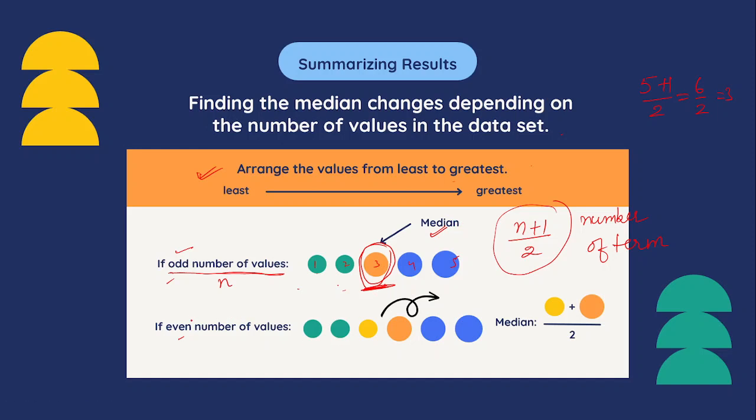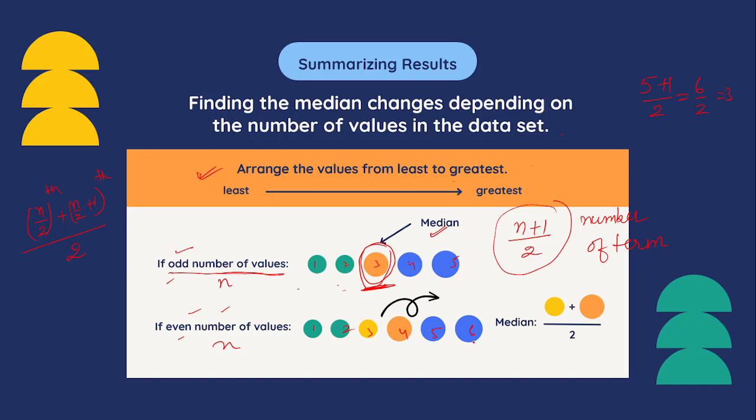Now let's suppose there are an even number of values. For example, here you can see 1 2 3 4 5 6. Let's suppose n, then we will find the n by 2 term and its next term. How do we write the next term? The n by 2 plus 1th term. We will take these two terms and find their average.